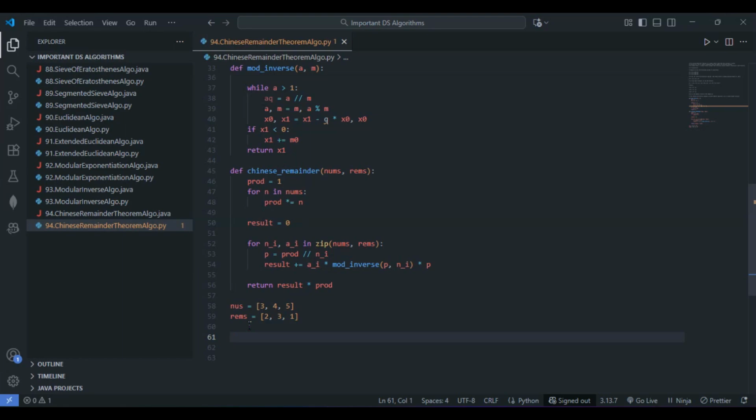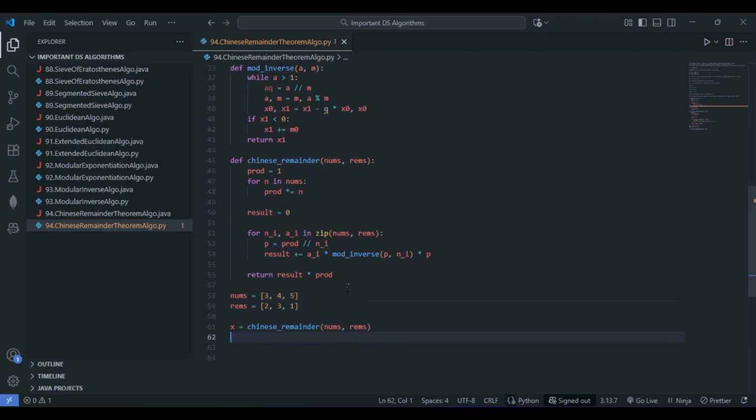So I'll just go with x equals Chinese remainder of, let me pass nums, rems. Yep. So this is also fine. Sorry, not nuns actually, it's nums. Yep, so this is fine.